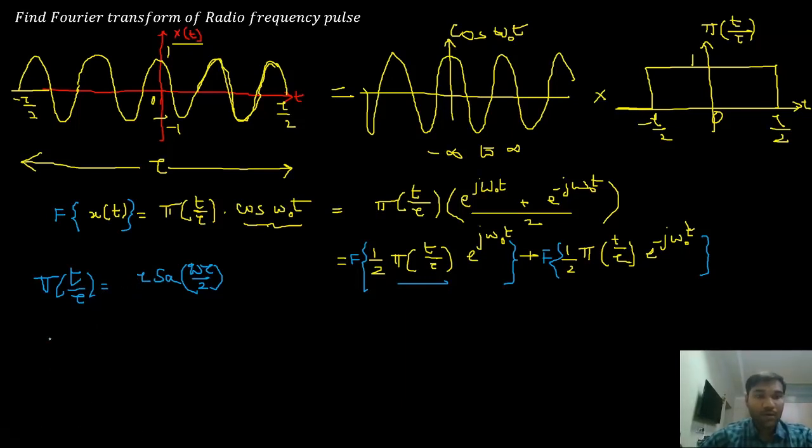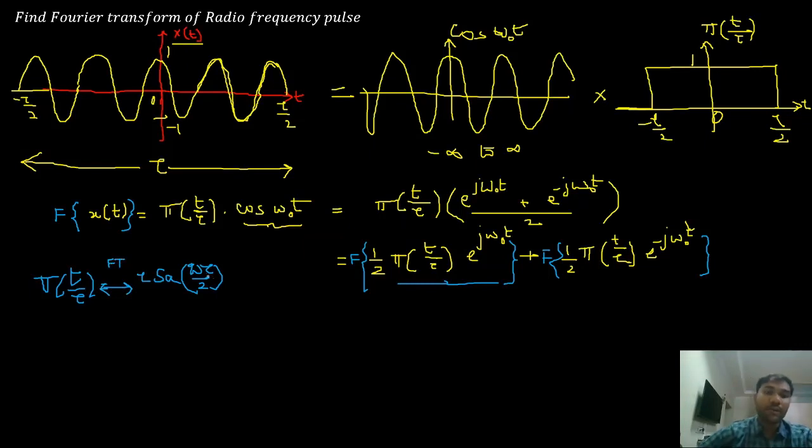Now I need a shifted version of pi of t by tau, the rectangular function. This is the Fourier transform of the rectangular function.